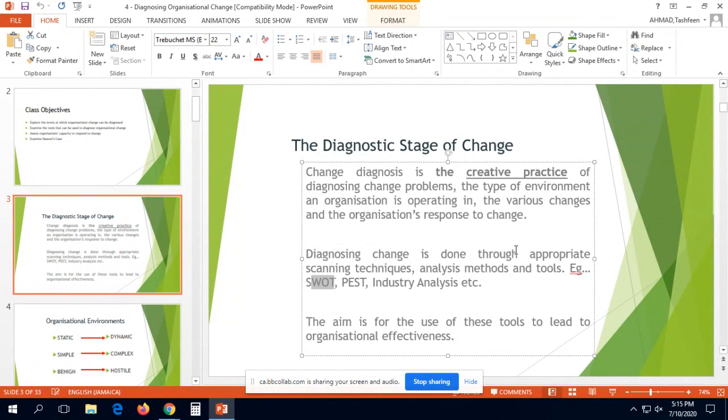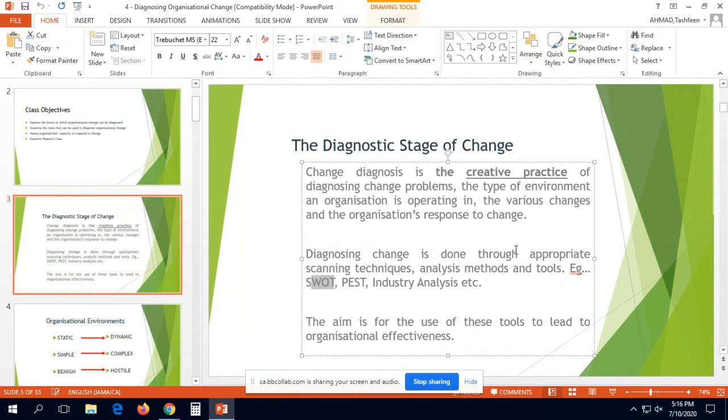In a moment, I will also include some pointers which I want you to reflect on. PEST, for example: political, economic, social, technological, and sometimes they call it PESTL, where L is for laws and regulations. Industry analysis.